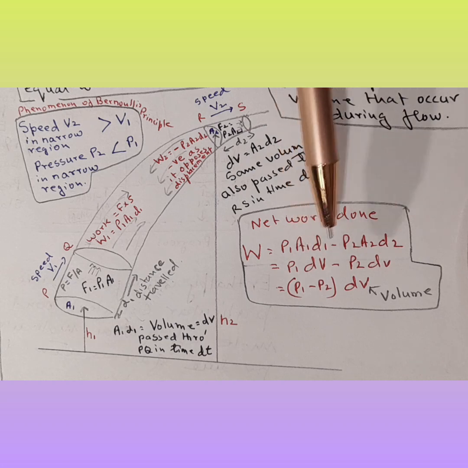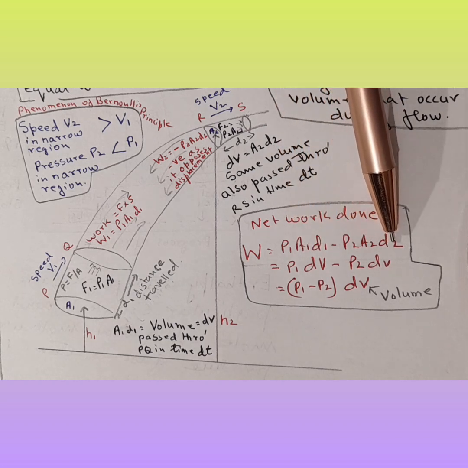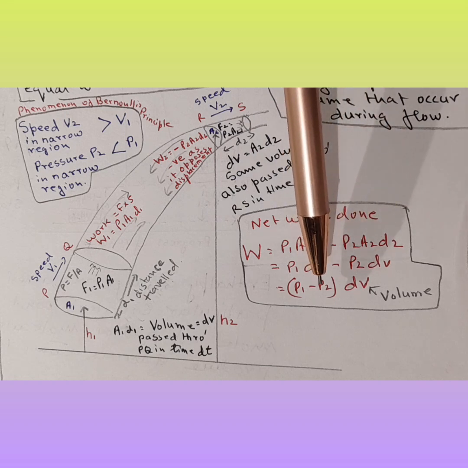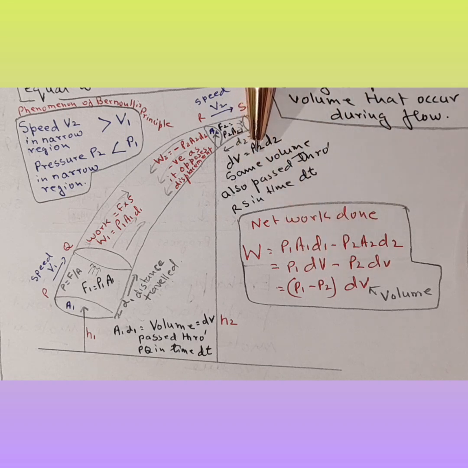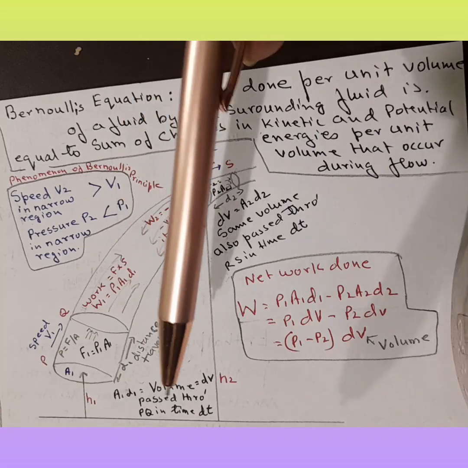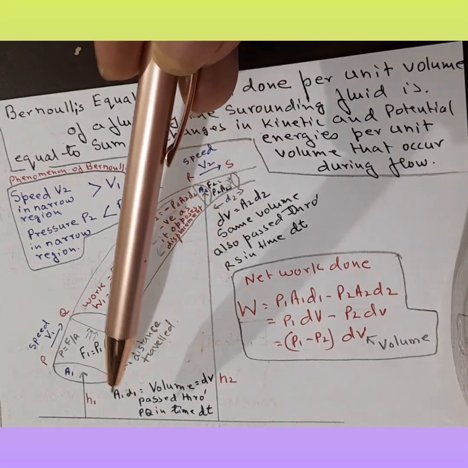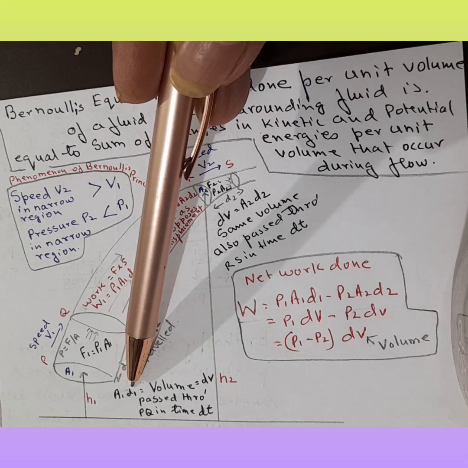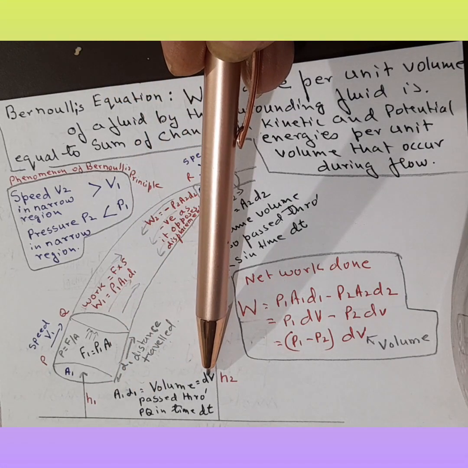A1 D1 and A2 D2 is what? It is volume. Now come over here. A2 D2, that is area into this distance, gives us volume. So dV is equal to A2 D2. Same way here also A1 D1 is equal to dV.